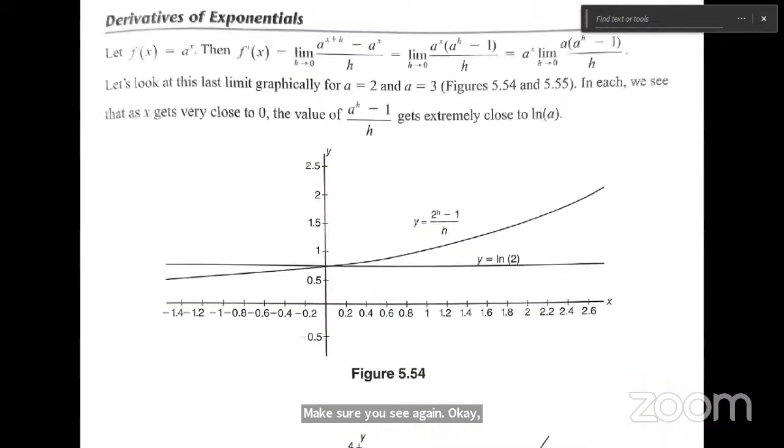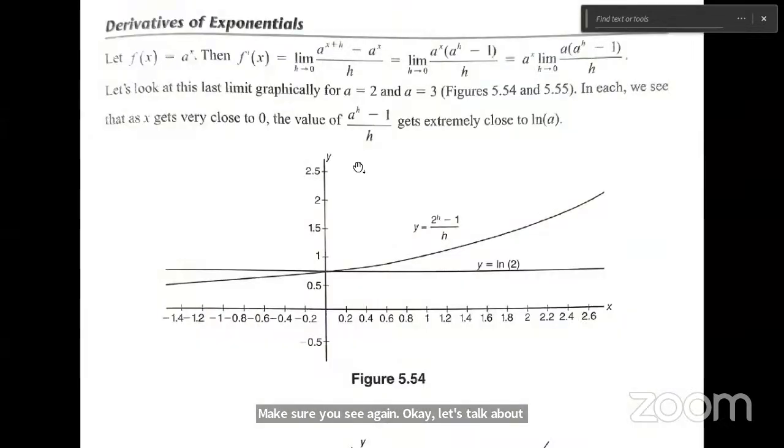Okay, let's talk about the exponential function. I remember I gave you guys an example last time like this: find the limit of this function. This is how you do it.